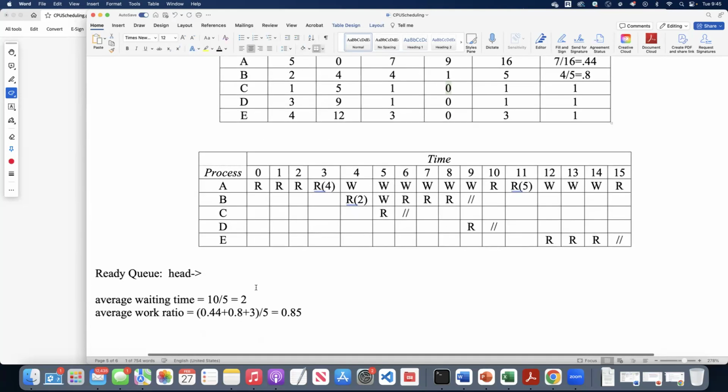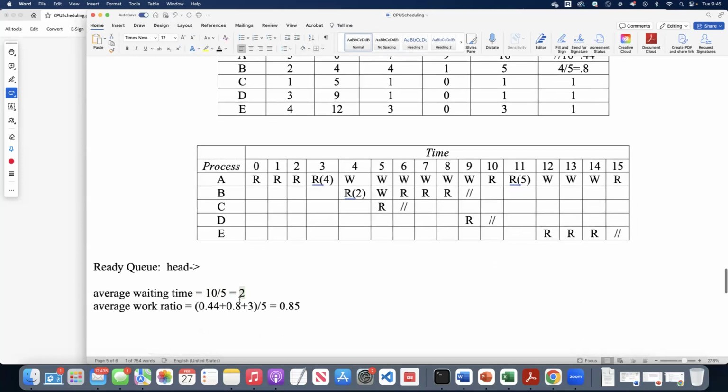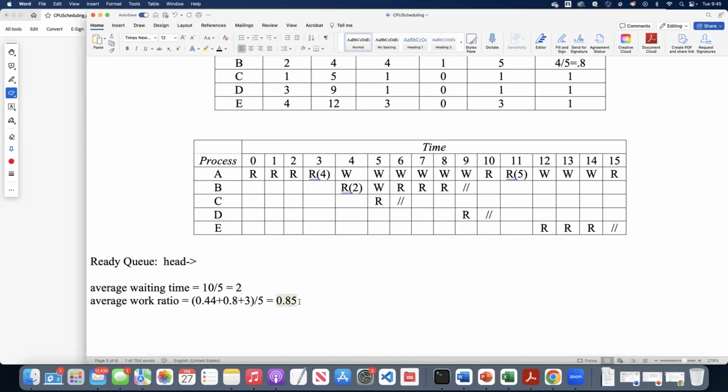And the average waiting time for preemptive priority scheduling is 2. This performance is very good compared with other scheduling algorithms. And also the work ratio is very high. It's better than other scheduling algorithms.